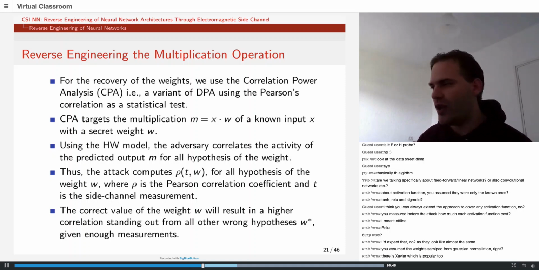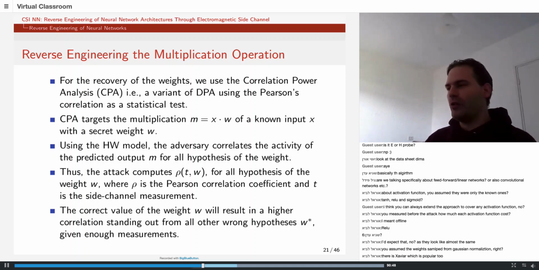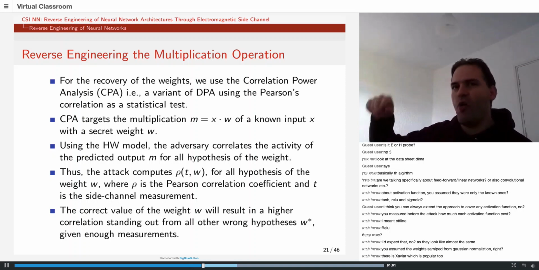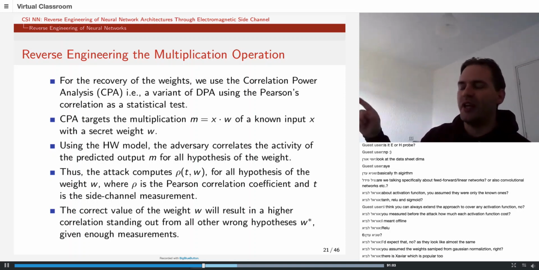So how do we do that? First, we already said we will use our Hamming weight model, and we will correlate the activity of the predicted output for all hypotheses of the weights. Remember the slide where I gave the loop over all key hypotheses. Here we need to have all weight hypotheses.